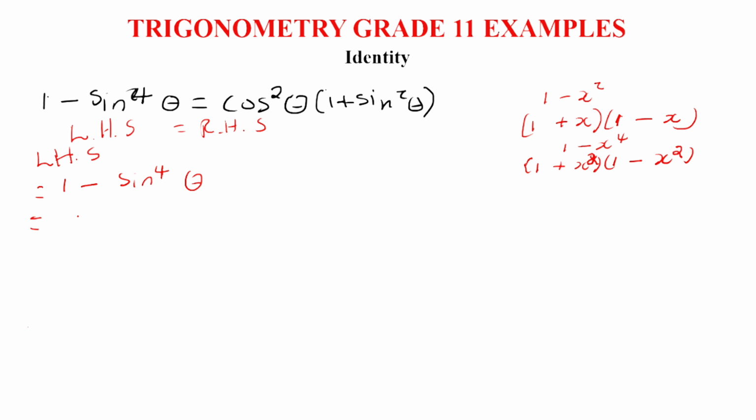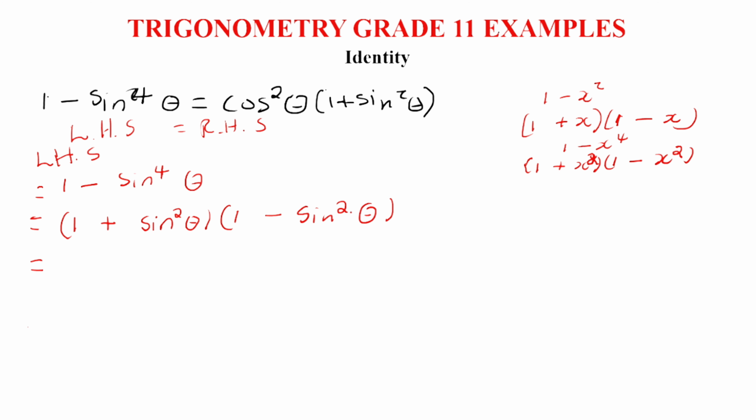You can just say equals to, then do your double bracket: 1 plus sine squared, sine to the power of 2 theta, and 1 minus sine to the power of 2 theta. Therefore, this should give you the difference between two squares.